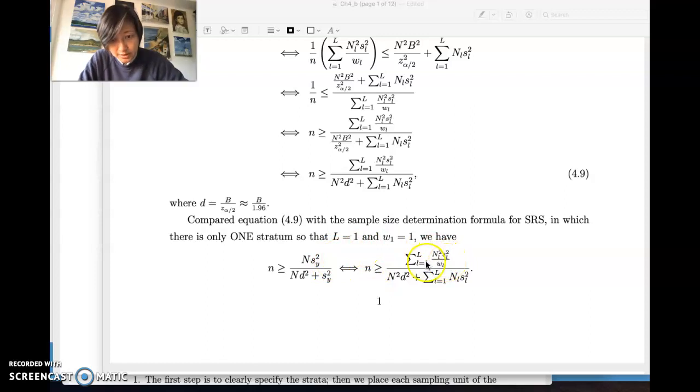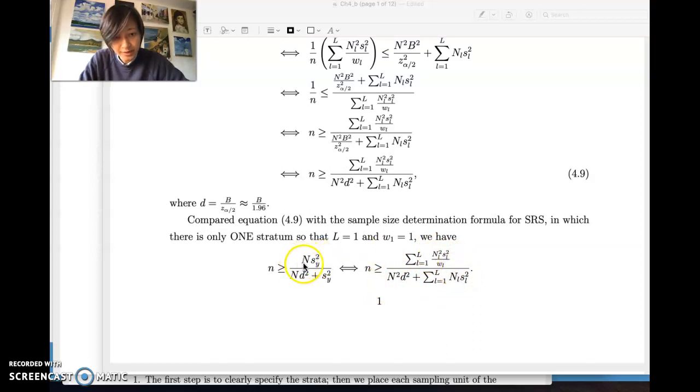Because here you can see that it becomes n squared s squared divided by 1, n squared d squared plus, again, n s squared. So we have n squared and then we have n, so we cancel one n.